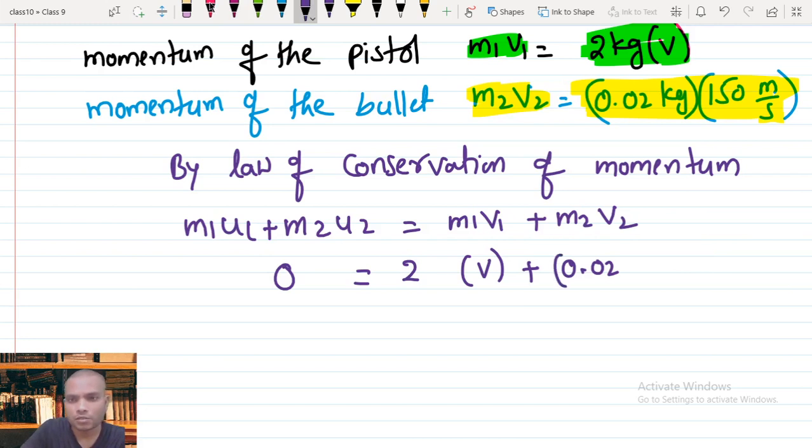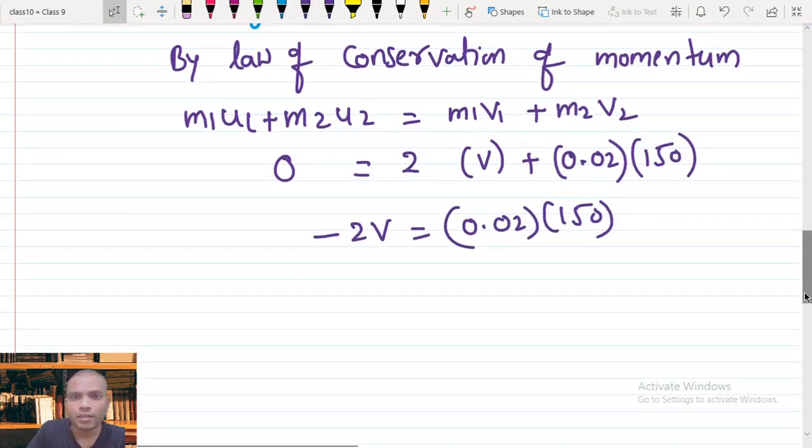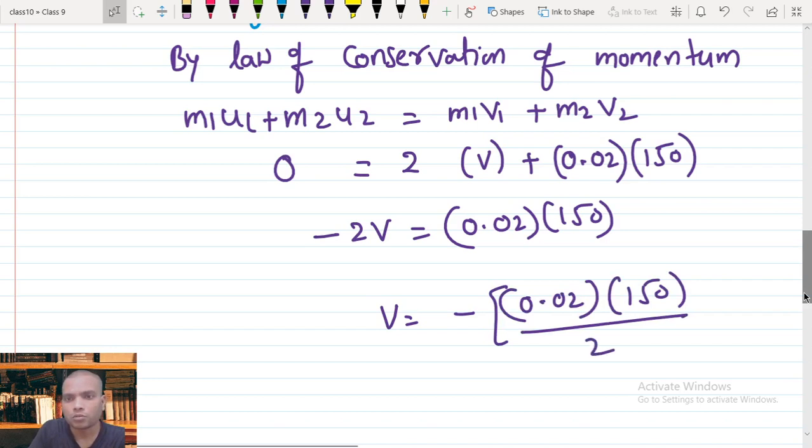A very simple expression, 0.02 times 150. Therefore you can bring one of the terms to this side, so you get minus 2v equal to 0.02 times 150. So to find v, v equals minus 0.02 times 150 upon 2.